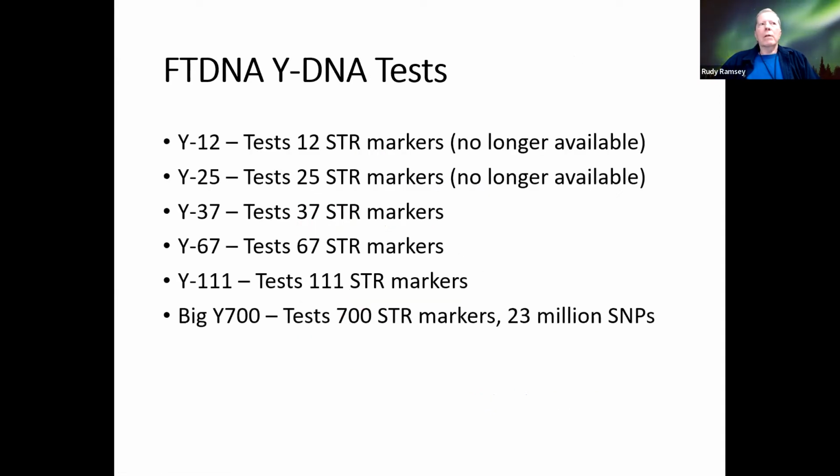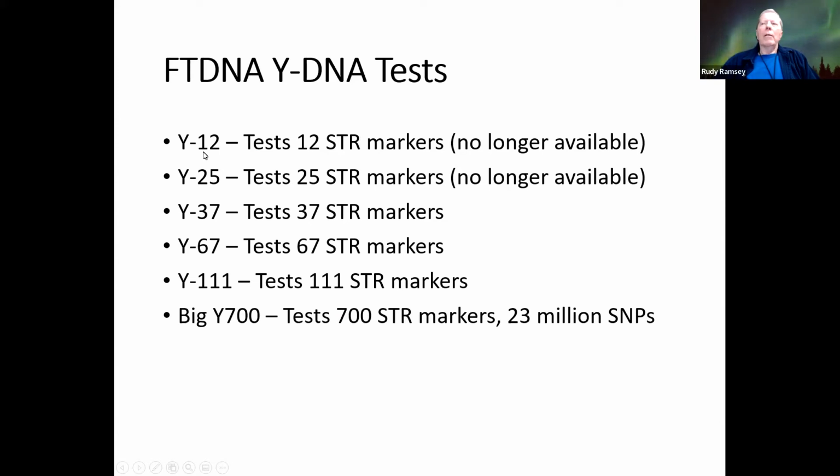Now I'm going to take you to FTDNA in a minute and show you how that shows up on the website if you're looking at what you see when you've done a Y-DNA test. I had a hard time deciding in which order to do this, and I decided to show you the tests, even though you won't really understand yet, if this is your first exposure, STR markers or SNPs in any more detail than what I've said.